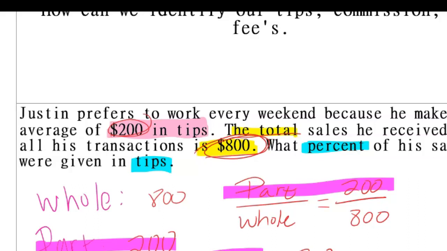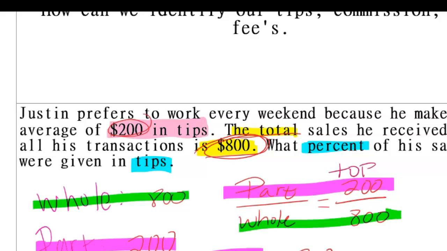I want you guys to remember that because I feel like you guys still struggle on that. So our whole always goes at the bottom, and it always goes second, okay? So let's write it on there. It's always at the bottom, or it's always second, okay?